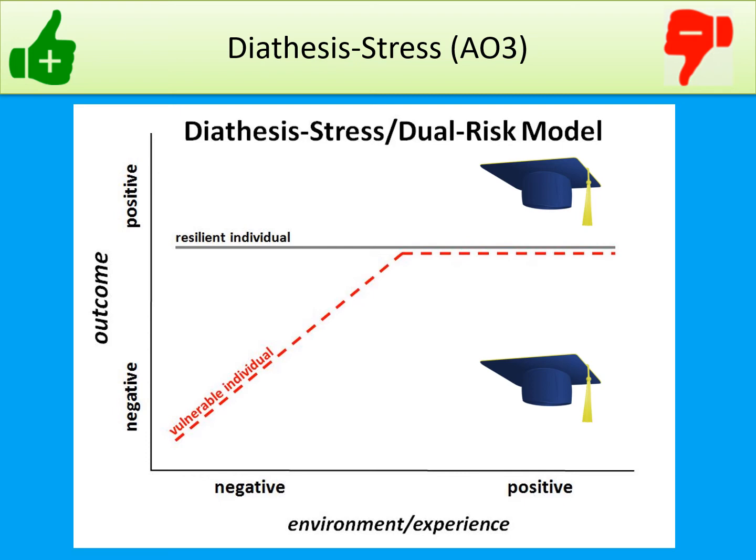It's saying that something stressful in the environment might be needed in order to trigger it, which could be a relationship breakup or a pandemic, or in this case, if you look at this picture here, it could be something positive like graduating university. Graduating university is a really positive thing because you've worked hard and you've got your degree.